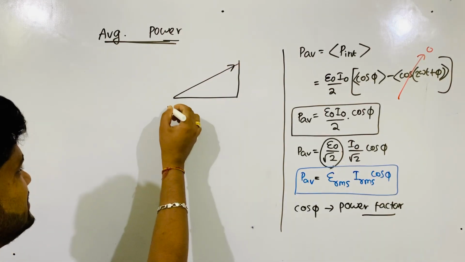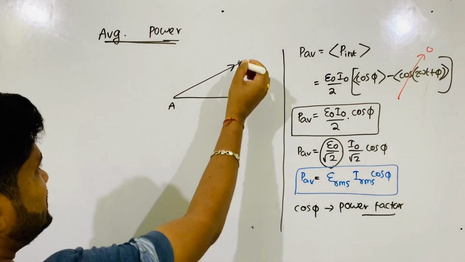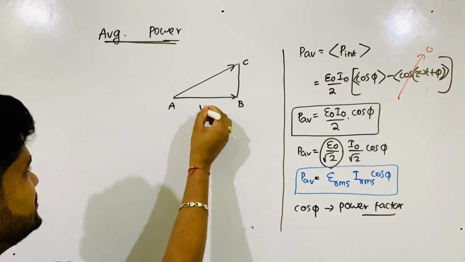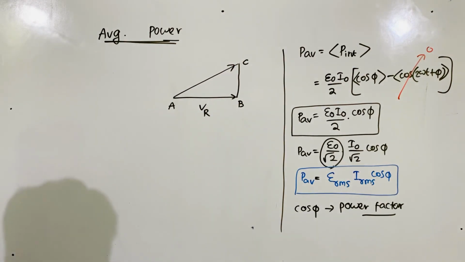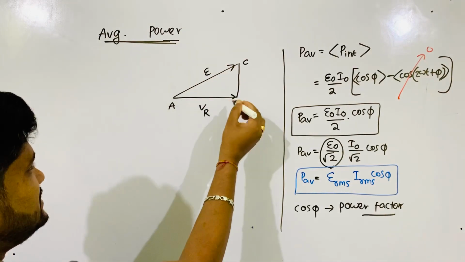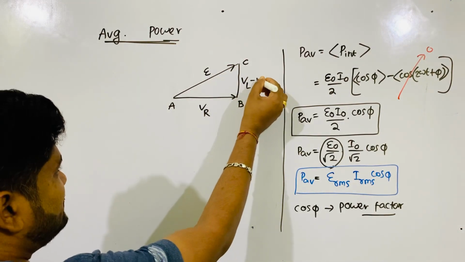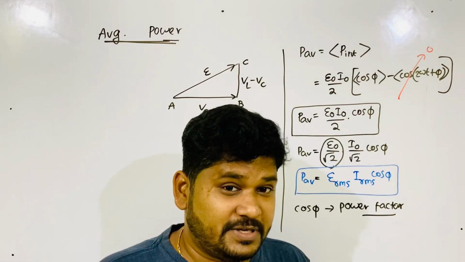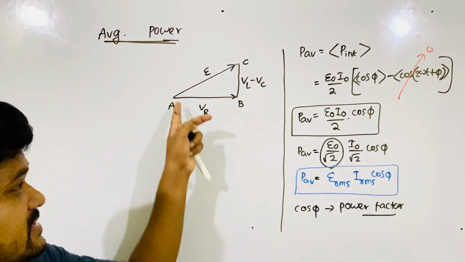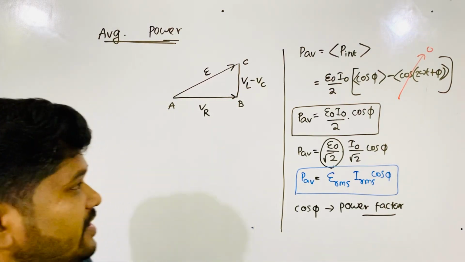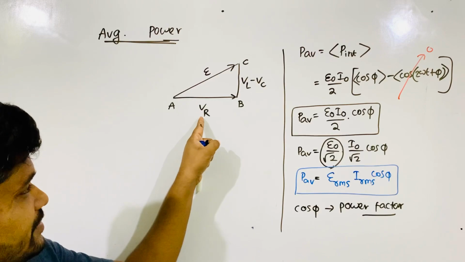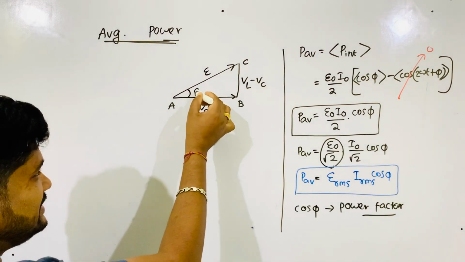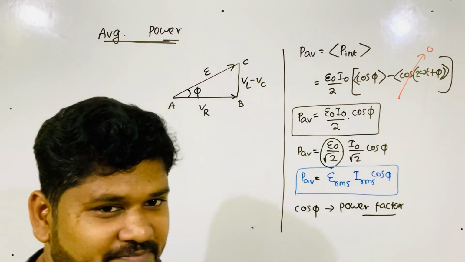This was triangle A, B, C. This was VR, this was the net EMF E, and this was VL minus VC. Just recall. If you forget, you can see that impedance triangle again in lecture number 3 of alternating current. So VR, VL minus VC, this is E. And this angle was which angle? Phi.